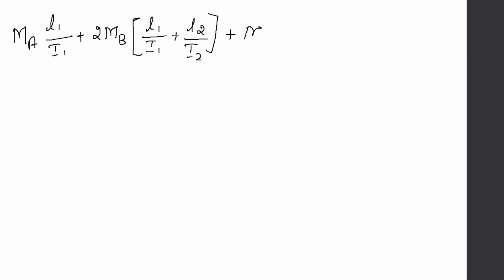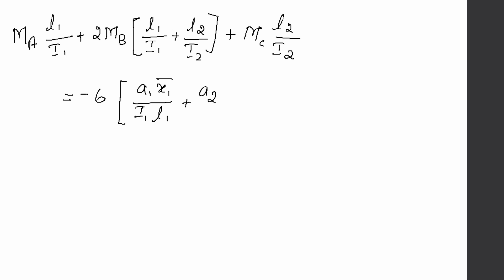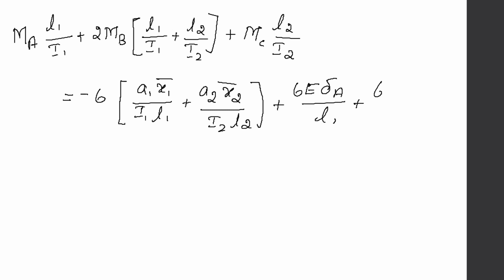MA into L1 by I1 plus 2 times MB into L1 by I1 plus L2 by I2 plus MC into L2 by I2 is equal to minus 6 into A1 x1 bar by I1 L1 plus A2 x2 bar by I2 L2 plus 6E delta A by L1 plus 6E delta C by L2.